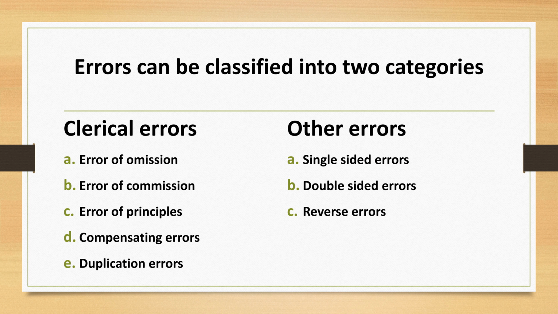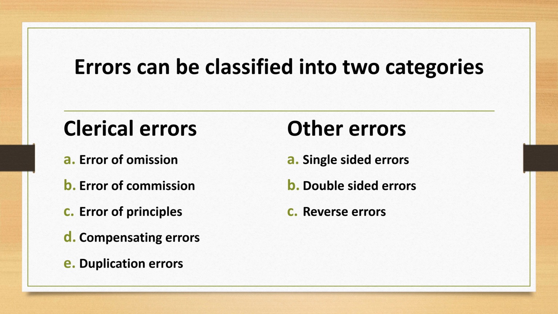Errors can be classified into two broad categories. First category is clerical errors. Second category is other errors. Under clerical errors, it is classified into five different errors. First is error of omission. Second, error of commission.